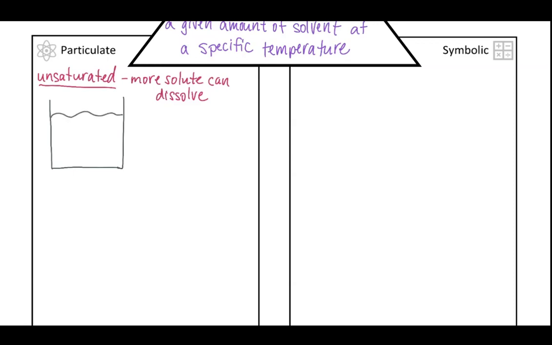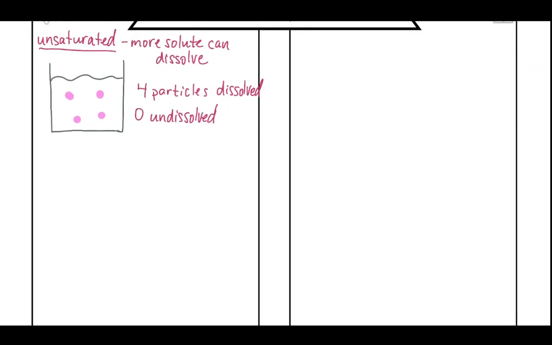Let's say we have 4 particles dissolved and 0 undissolved. That's going to represent our unsaturated solution.